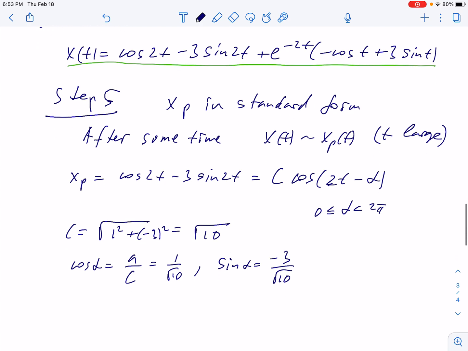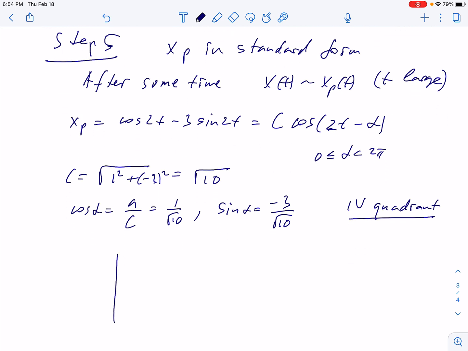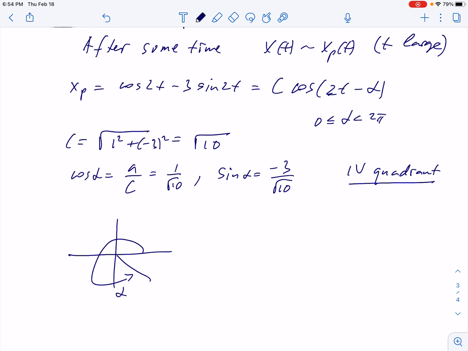We have to determine alpha from here. Cosine is positive, sine is negative. This is fourth quadrant. The situation is this. Alpha is somewhere here in the fourth quadrant. And how can we compute alpha? We shall compute alpha 1, this negative angle. Alpha 1 will be inverse sine negative 3 over root of 10.